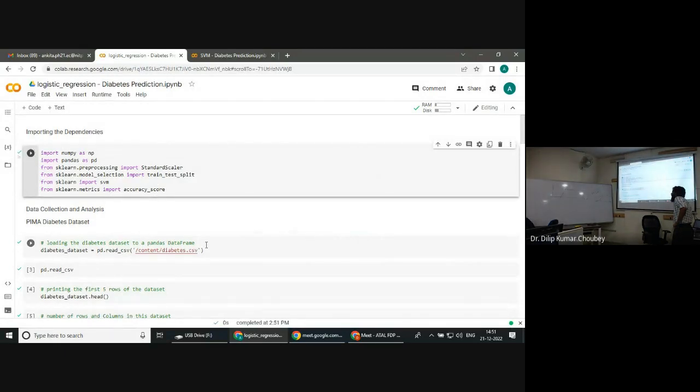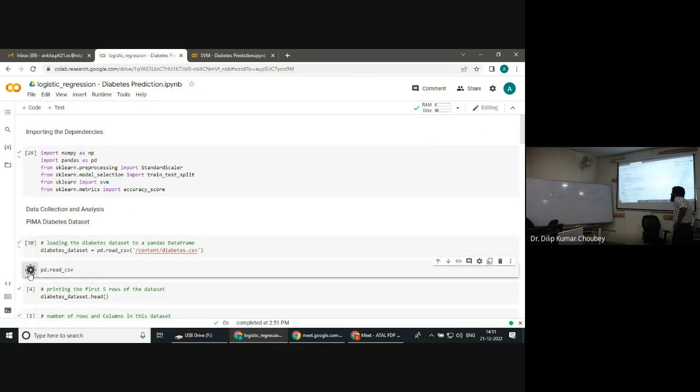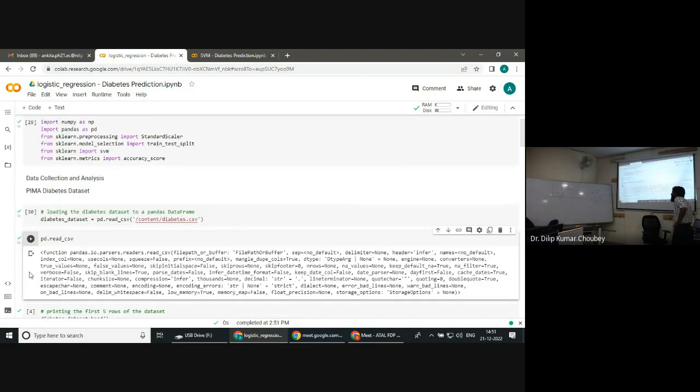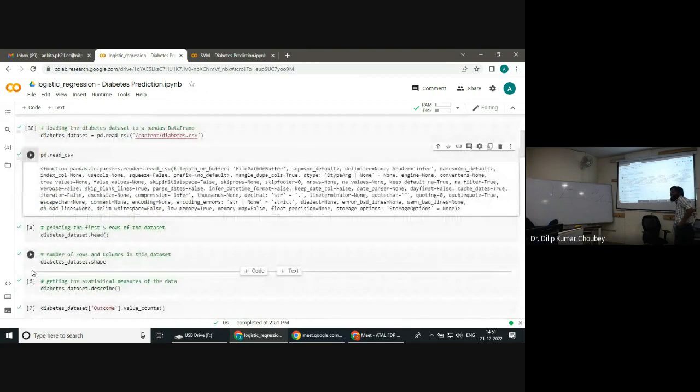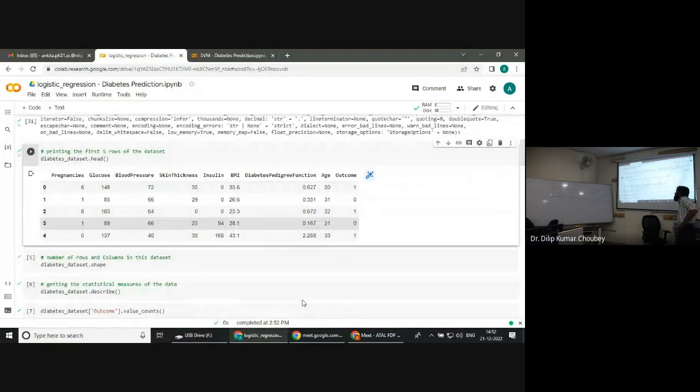And then we'll load the database, read the database in a CSV format. Again, this is not human format as we showed yesterday. So let's print and see what is there. The same database that we did yesterday.